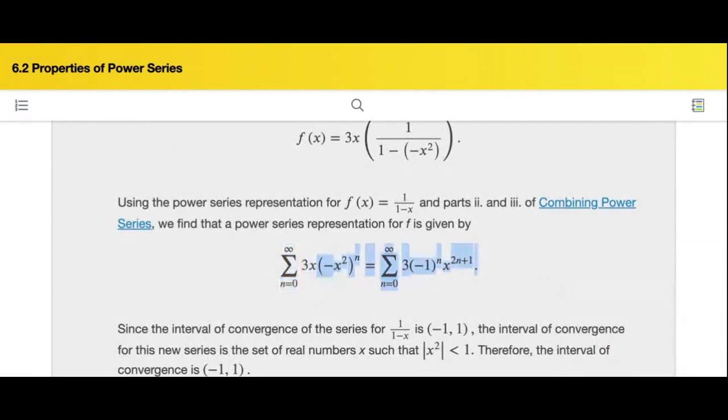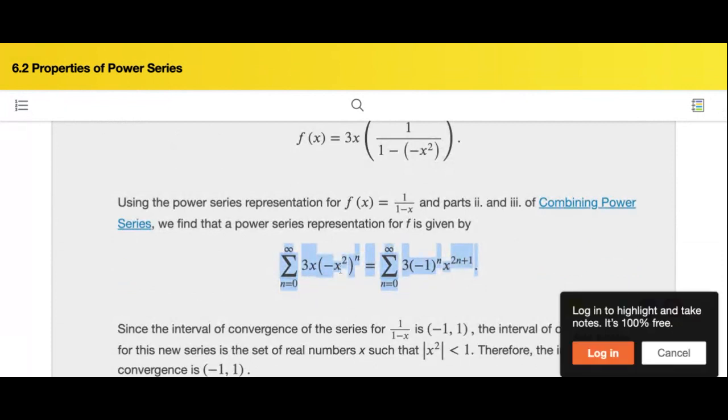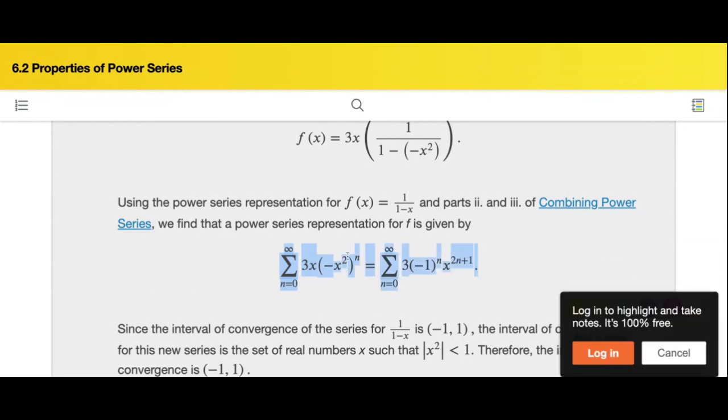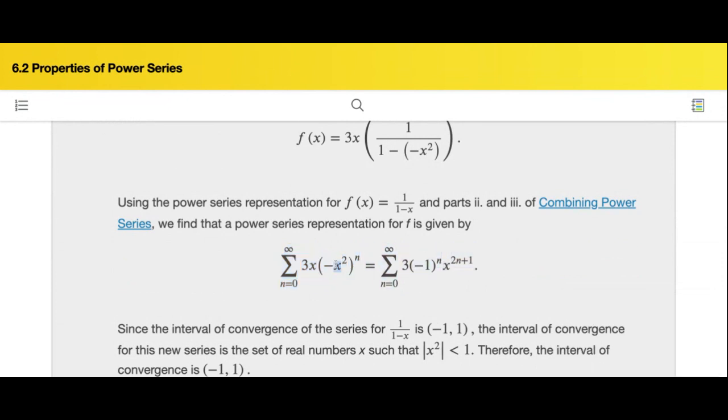And then from here, we have x raised to 2, then raised to n, two layers of exponents which are multiplied. So we have x raised to 2n from here, then times x, that's x raised to 2n plus 1. Okay. All right, any other questions?